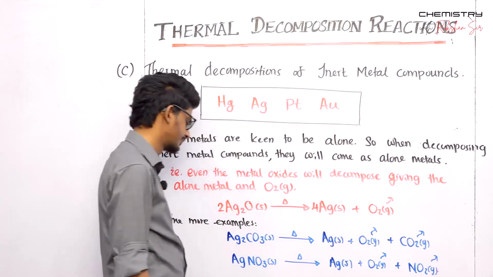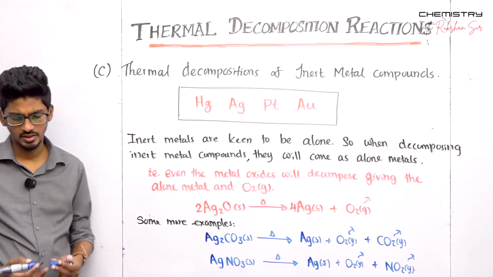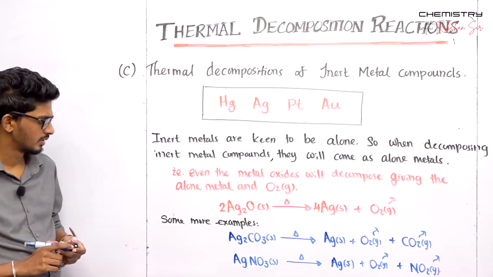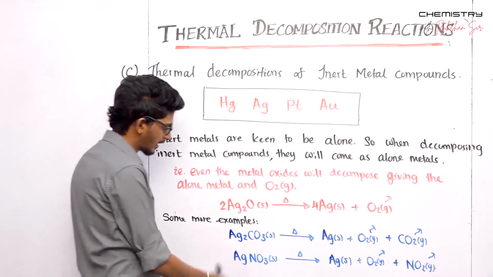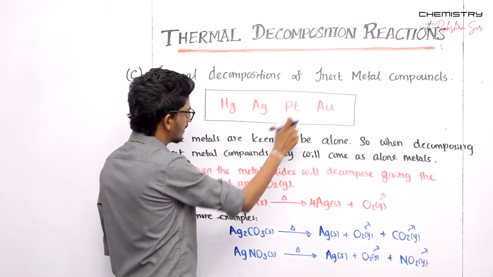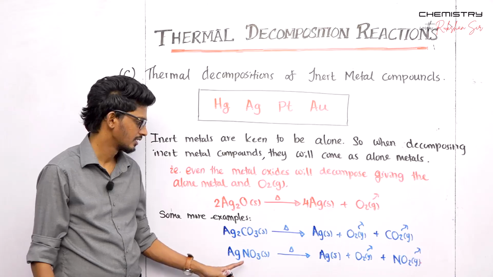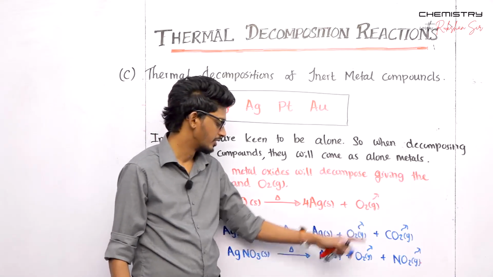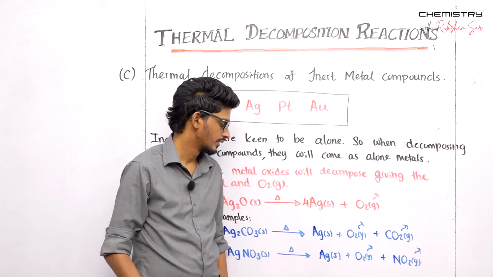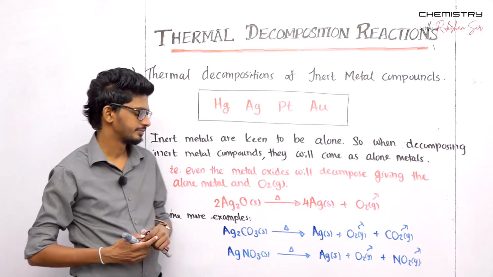Nitrogen oxide, okay, that is very clear. Not only for silver, for all the four the same thing will happen. With mercury carbonate and mercury nitrate, the mercury, O2 and CO2, and the mercury, O2 and NO2 are going to be the products.